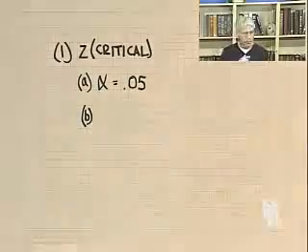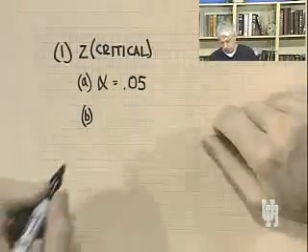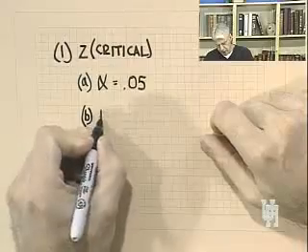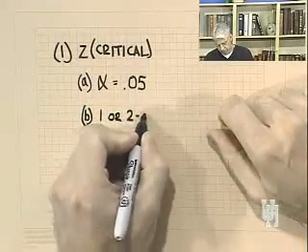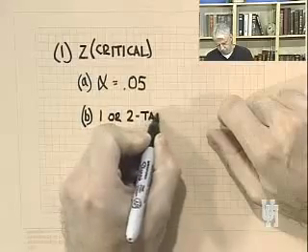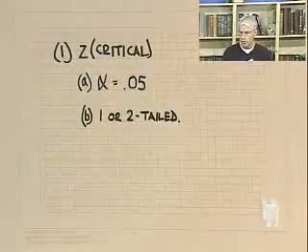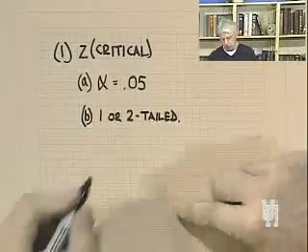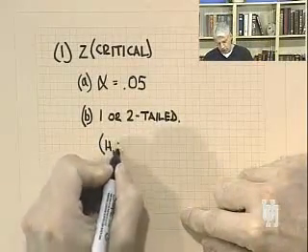The next piece of information that you need to know is whether the test is one or two-tailed. And in order to decide that, you need to know the research hypothesis.